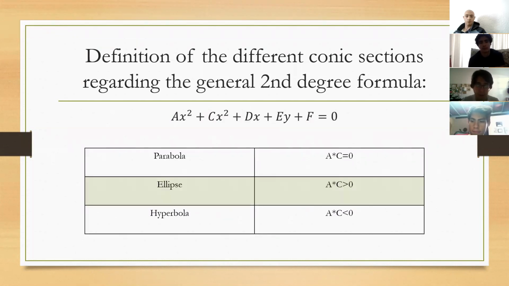Okay, first, let's review a little bit of theory. From the second degree formula, we can define which conic section we're talking about. For a parabola, the coefficient a plus the coefficient c is equal to 0. For an ellipse, the multiplication of a by c is greater than 0. And for a hyperbola, the multiplication of a by c is less than 0.